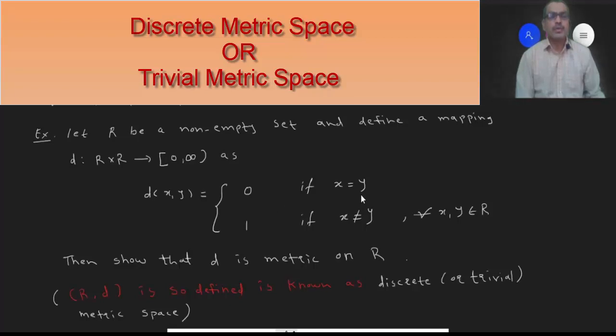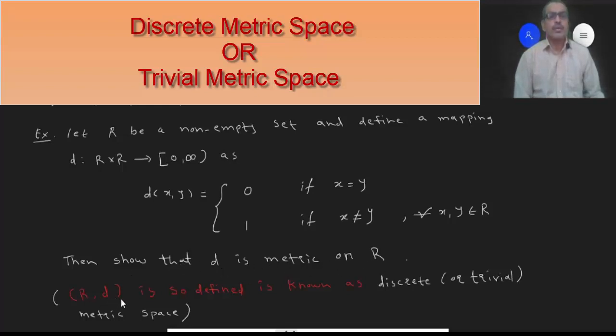If the two points are equal, then the distance between x and y is 0, and otherwise it is equal to 1. That is, d(x,y) = 1 if x is not equal to y. Here R is a non-empty set, for all x, y belonging to R. Then we show that d is a metric on R.